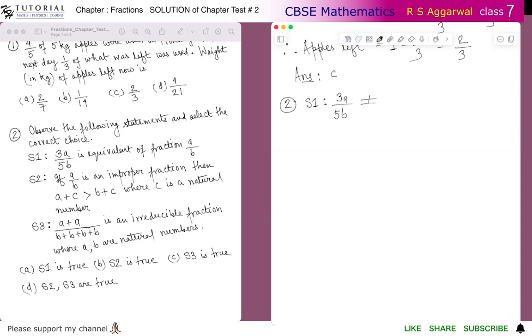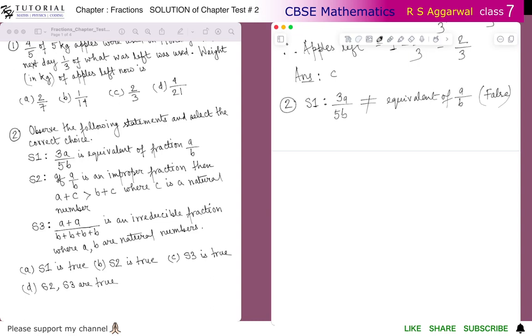This is not equivalent of A by B, because to get an equivalent fraction of A by B, we must multiply both the numerator and the denominator with the same number, but it is 3A by 5B. So 3 and 5 are different numbers. So definitely S1 is false.